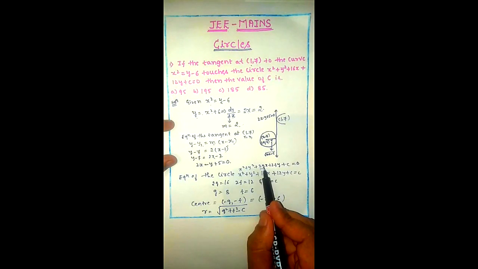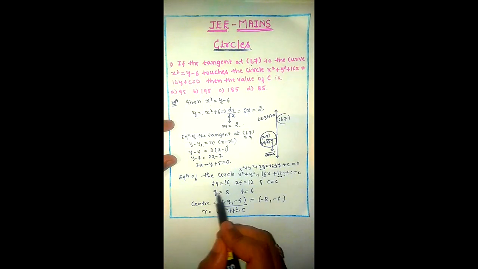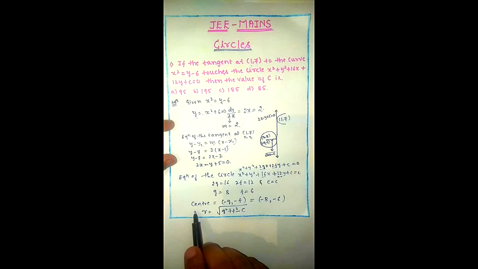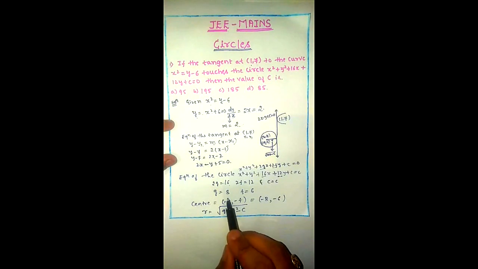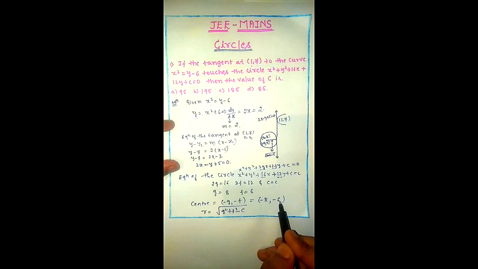Comparing, 2g = 16 and 2f = 12. So g = 16/2 = 8 and f = 12/2 = 6. The center formula in the standard equation of a circle is (−g, −f). We already found g and f, so the center is (−8, −6).